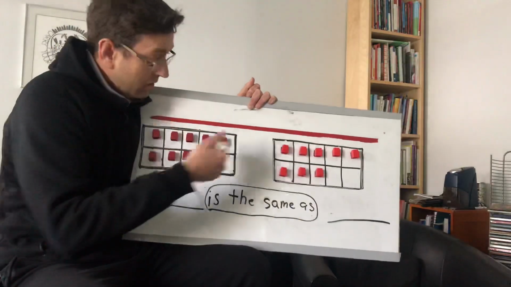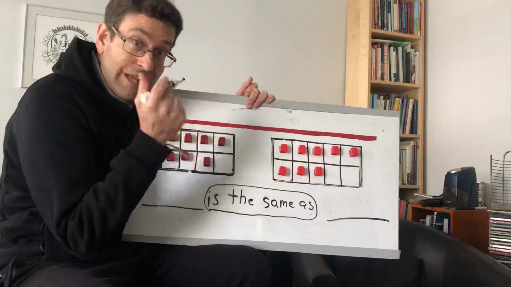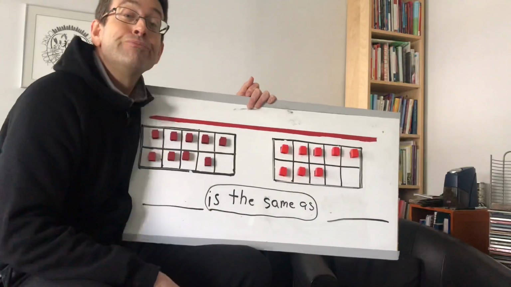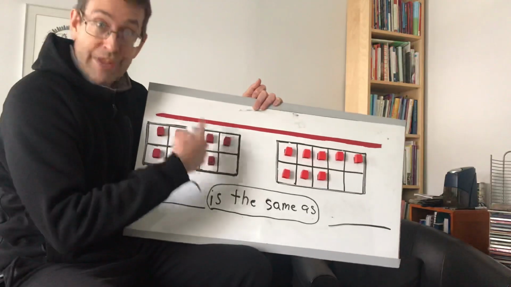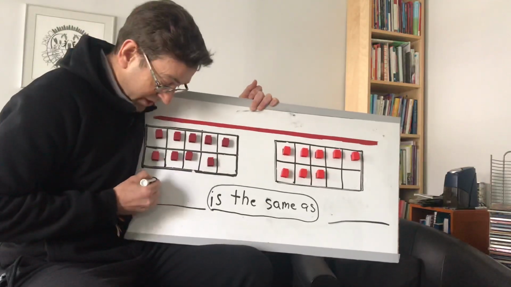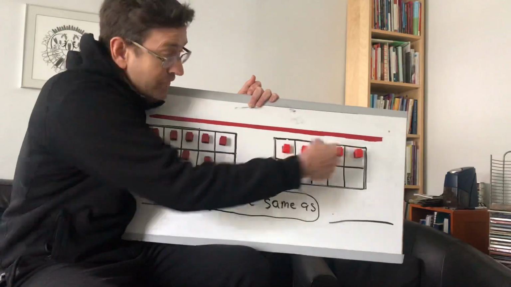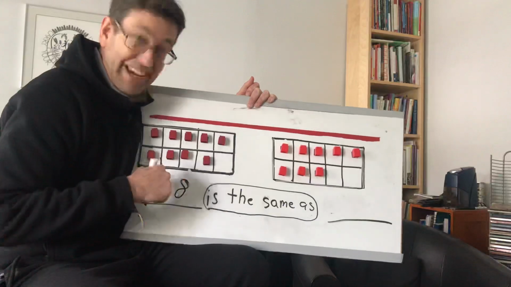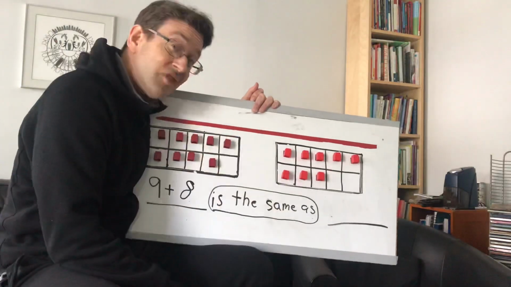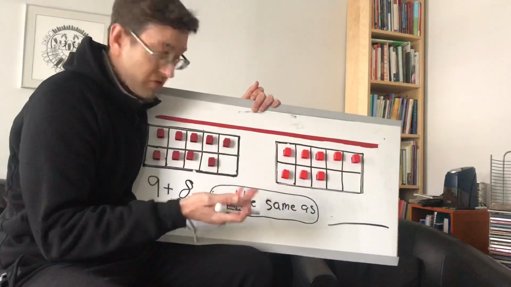So tell me the addition sentence which represents this model as it is. Nine, okay, 9 over here, plus 5, 6, 7, 8, 8 over there. So 9 plus 8. So there's the addition sentence which represents this model as it is.